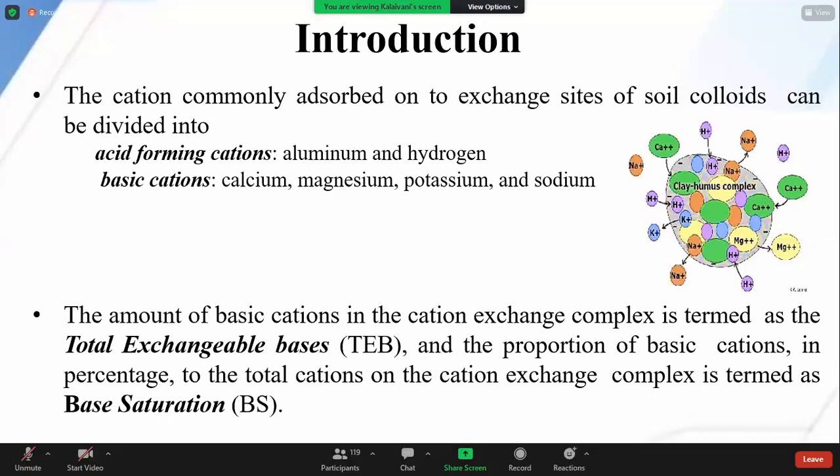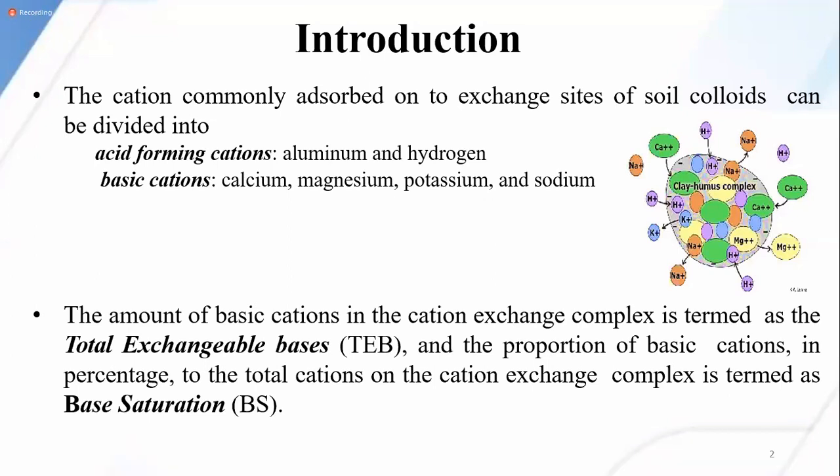Okay, so the main basic cations here we considered are the calcium, magnesium, potassium and sodium. Okay, so these are the basic cations that is needed for the plant growth. Right, so for this practical, just we are considering these things.